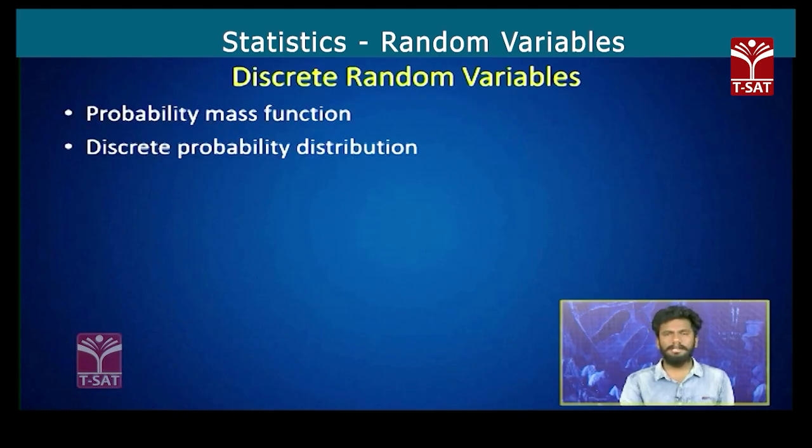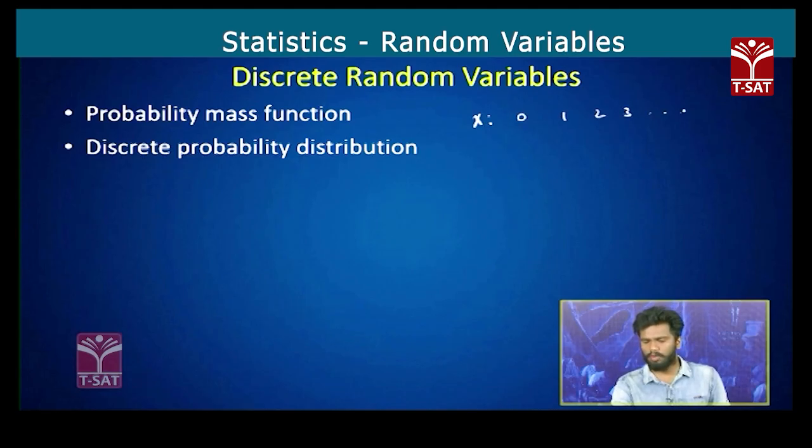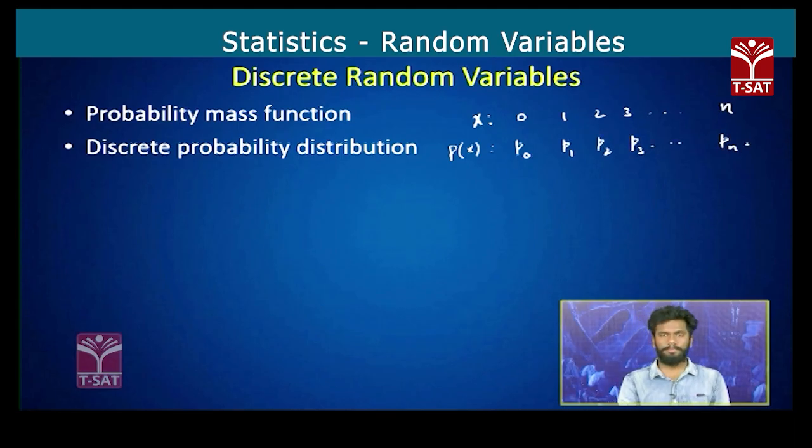So first, discrete random variables. Now let us consider a random variable x. It is taking the values 0, 1, 2, 3, so on up to n. And the probabilities corresponding to the random variables are given as, let us consider p0, p1, p2, p3, so on up to pn.